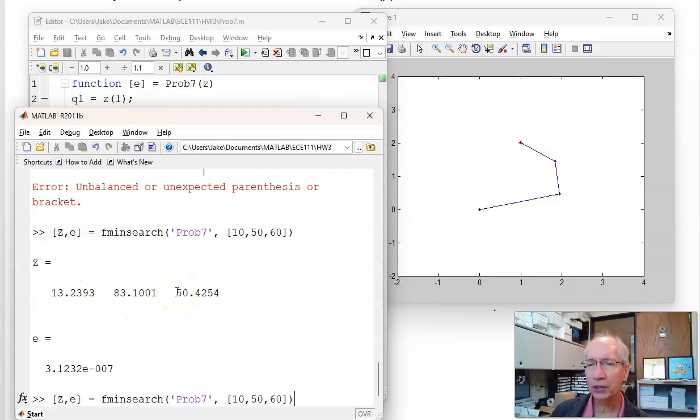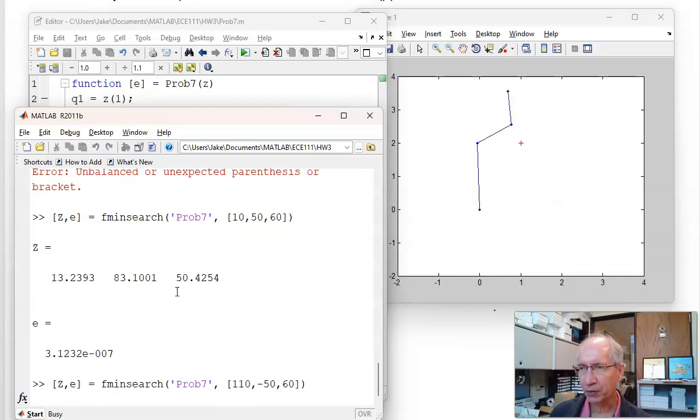Now note the answers are not unique if I give it a different initial guess. So here's my first guess. It's going to take that initial guess, try to drive the error to 0. Looks like it found it. Another valid solution. So in this case, this actually has an infinite number of solutions.